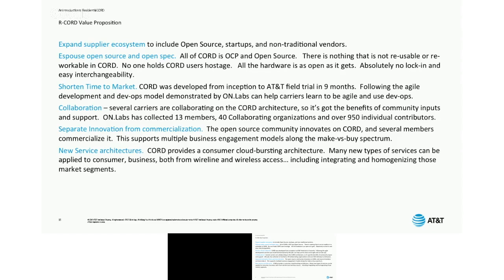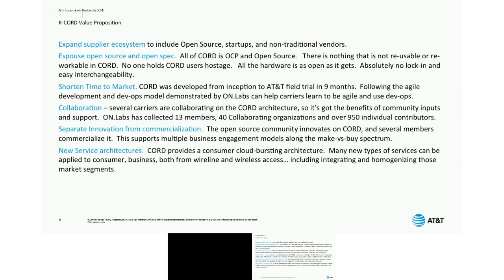And part of what Jim was saying is it's separating the innovation from the commercialization. If those aren't locked together, what you find, I think, is that because the innovation isn't locked into one vendor, one entity, you're able to grow that ecosystem. You're able to amplify everybody's success all at once.